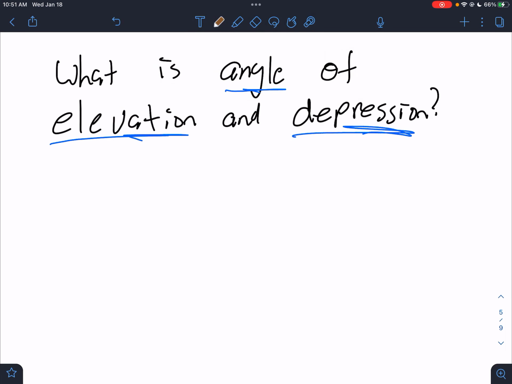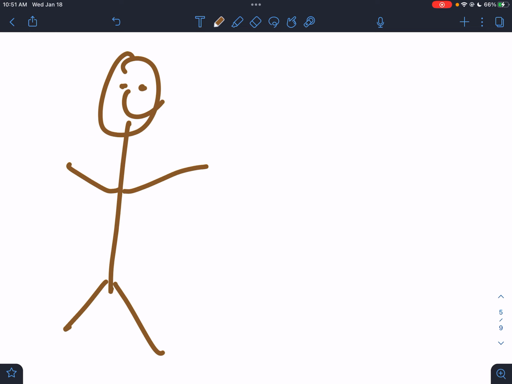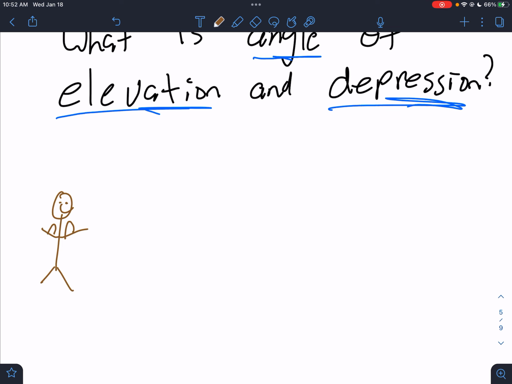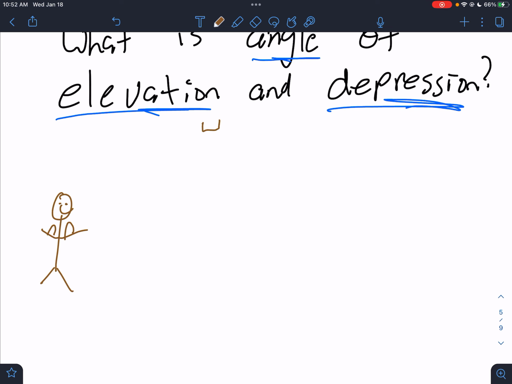An angle of elevation has to involve a horizontal line. So let me give you an example. Let's say I'm standing right here. This is me. And in my room, on the ceiling, I got this little fire alarm. If I want to look at the little alarm, I have to look above my horizontal line of sight.